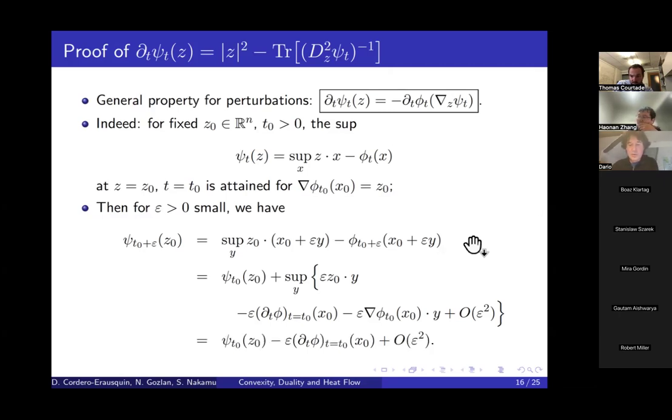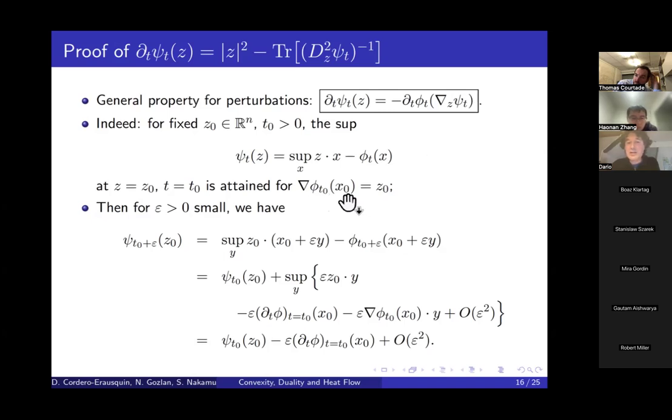If you accept this, what you see is that this term compensates exactly with this term, because indeed this was the definition of the point x naught. So there is no more y, and you get exactly that the first order term is minus the time derivative of phi at x naught, which is the formula I wrote here.